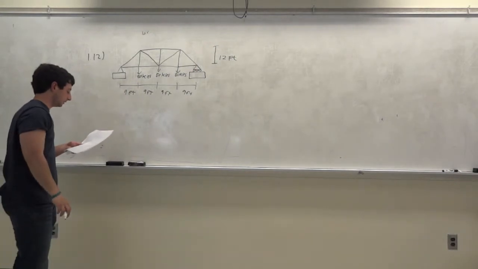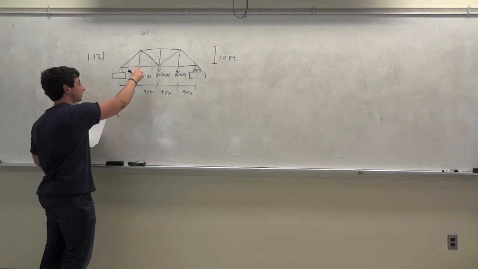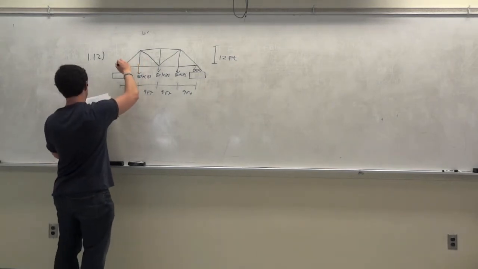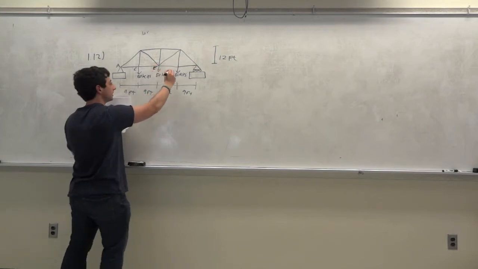Alright, so in this problem they give you the cross-sectional area of this length over here. Let me label them. This is A, C. You guys recognize this as a truss? Yeah, it's a truss.